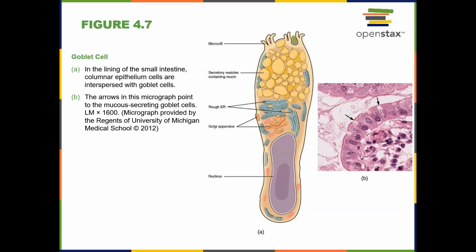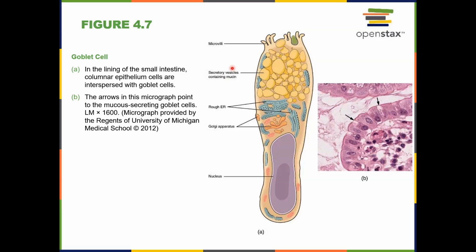A gland consists of one or more epithelial cells that produce a secretion. The goblet cell is a unicellular exocrine gland called a goblet cell because the staining pattern looks similar to a goblet or a cup, sort of like a wine glass, where the region up here that contains the exocrine product that's being secreted doesn't stain like the other cell.